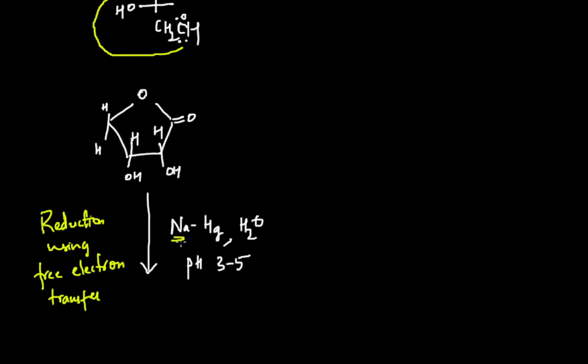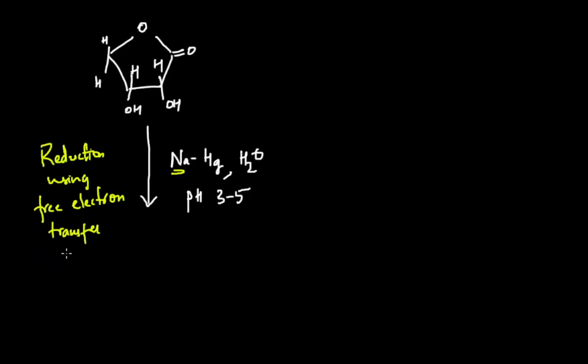Sodium is an alkali metal, it can give away one electron. So now the ester group will break into your aldehyde and your alcohol. That is the reduction that takes place here.